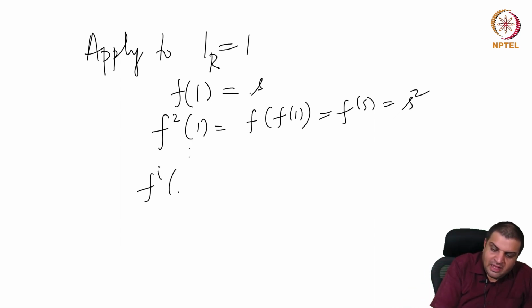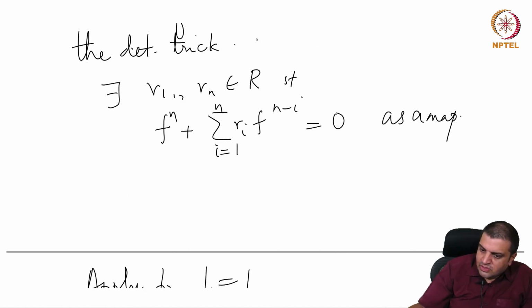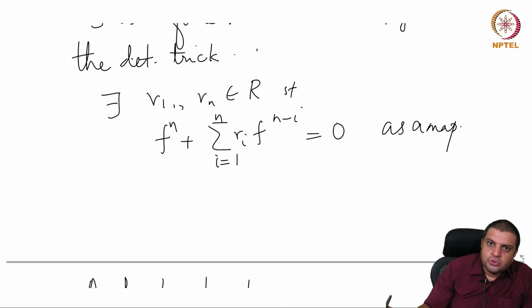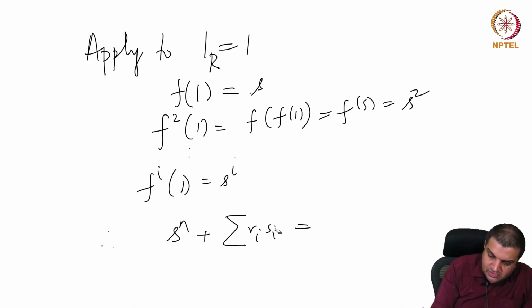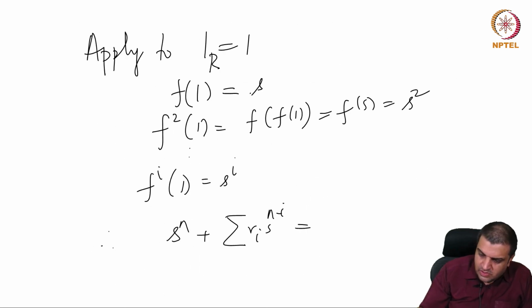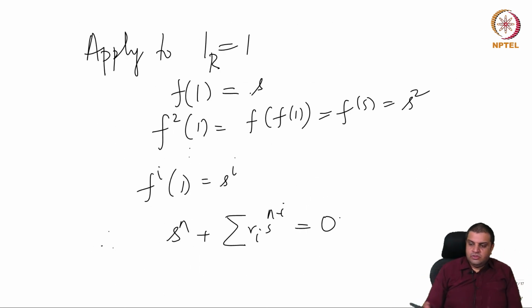So f to the i of 1 is just S to the i, and now apply this whole function to 1, and then we would just get, therefore, S to the n plus the summation of Ri S to the n minus i is 0.